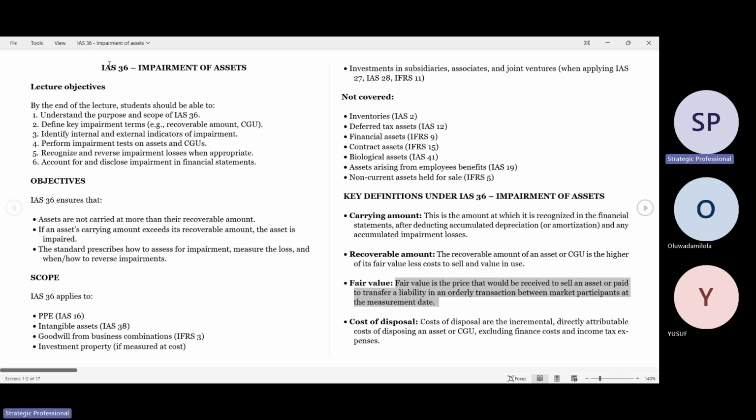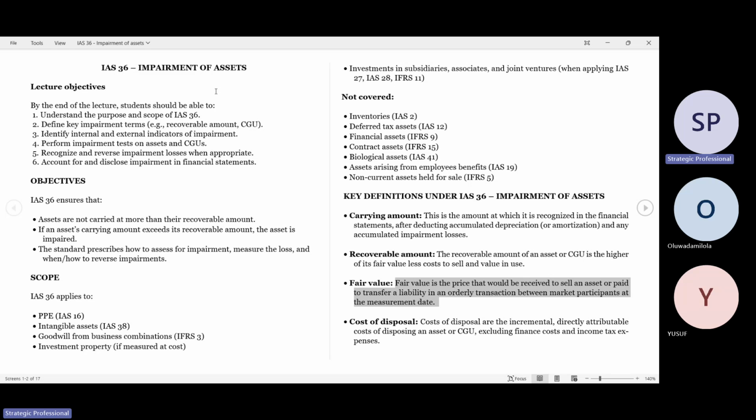Now, going back to recoverable amount, it is just saying that it is the higher of fair value less cost to sell and value in use. Meaning, if your fair value less cost to sell is 50,000 and your value in use is 30,000, your recoverable amount is 50,000. This is to simplify it for you.